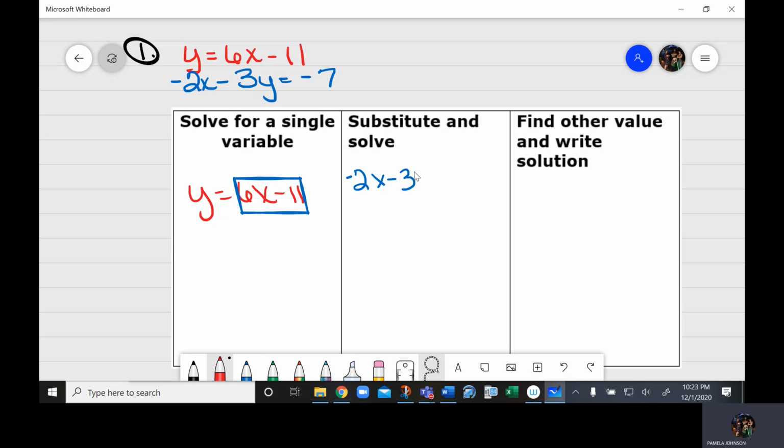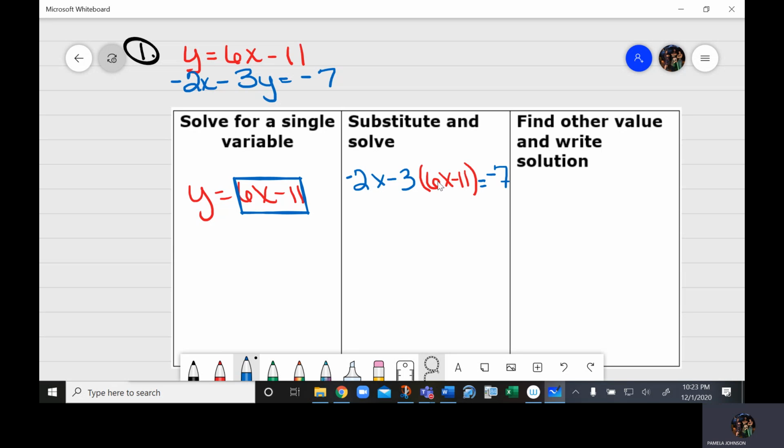So with the substitution method, really what we're doing is substituting an equivalent expression for one of the variables. That way we get an equation that only has one variable in it. In this case, our equation now only has x's in there. All the y's have been replaced. So in the substitution method, we're replacing one variable with an expression of equal value.